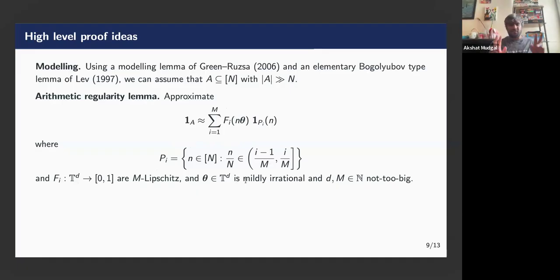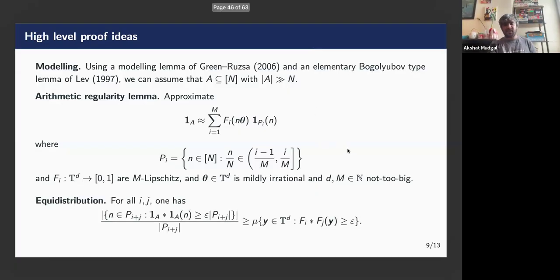And because this theta is sort of mildly irrational, as n varies, this captures some pseudo-random behavior. So you can essentially approximate the indicator function of your set with these nice Lipschitz functions defined on these very nice blocks of intervals. Okay, so assume you can do this. Obviously, I'm lying here quite a bit, but this is the model case that you should keep in mind. And now you can use equidistribution.